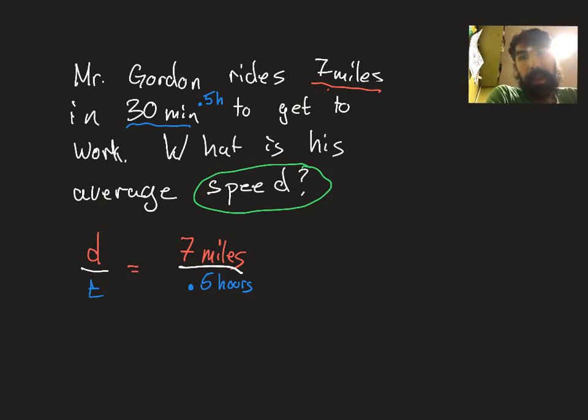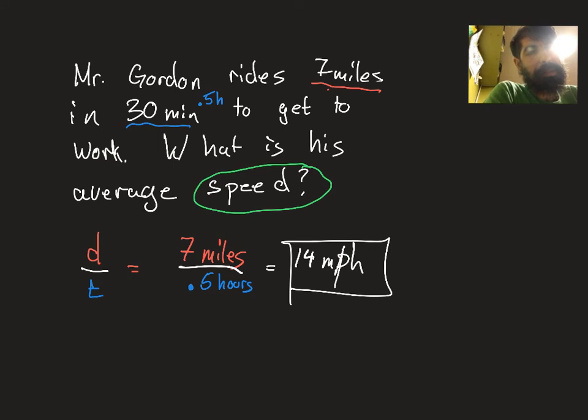I also know that 0.5 goes into 1 twice, because 0.5 plus 0.5 makes 1, and then there are 7 ones in 7. So 2 groups of 0.5 times 7 groups in all makes 14 miles per hour. And I'll call that my answer.